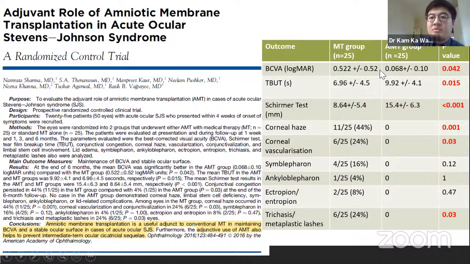As you can see from the table on the right-hand side, comparing the group with AMT versus the medical therapy group, the patients who received amniotic membrane did better in terms of the visual outcome, the tear film breakup time, the Schirmer test, and in terms of anatomical complications, fewer patients would have corneal haze, corneal vascularization, and also misdirected lashes. So this study concluded that amniotic membrane transplant is a useful adjuvant in improving both the functional and structural outcome in acute SJS.